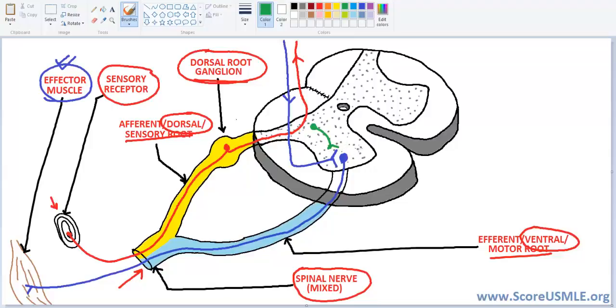Now, I agree with you, there is an interneuron lying there, and it has its own role in the spinal reflex arc, but we're talking about the spinal ascending and the descending pathways here, so we do not need the interneuron to create more confusion. So what we're going to do is do a very great job of forgetting that interneuron for the purposes of this video. So in the coming video, we'll read the ascending and the descending tracts in detail.